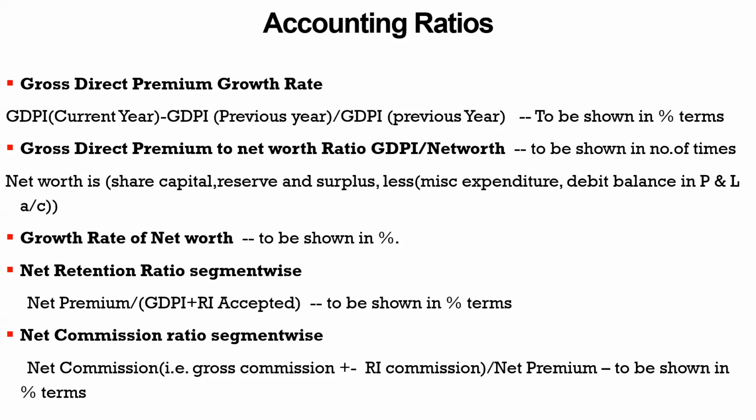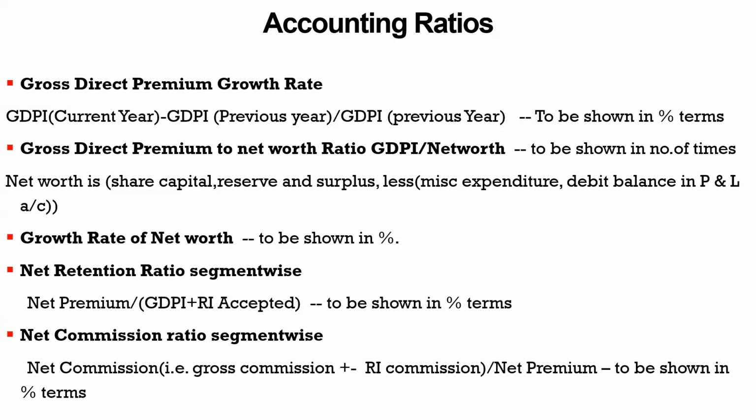So our total inward premium is 120. Out of that, how much have we ceded? Suppose we have ceded 40 rupees. So 80 we have kept with us. We have exposed ourselves to the risk of 80 rupees. So that is net retention ratio: net premium 80 divided by 100 plus 20, 120, to be shown in percentage.